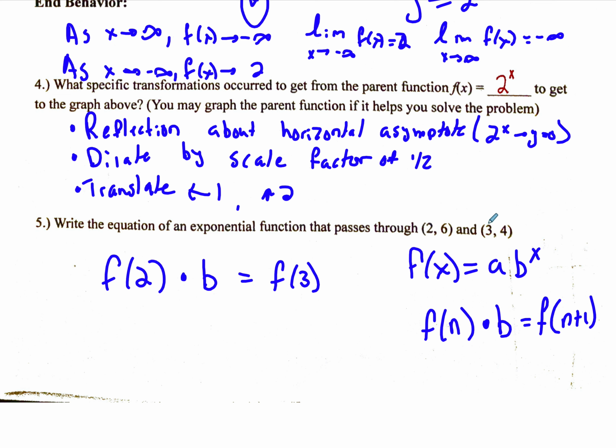If you multiply f of 3 by b, you get f of 4. If you multiply f of 4 by b, you get f of 5, and so on and so on. Okay, so basically, I need a number so that when I take 6 and I multiply by that number, what I get is 4. And so that means that number has to be 4/6 or 2/3.